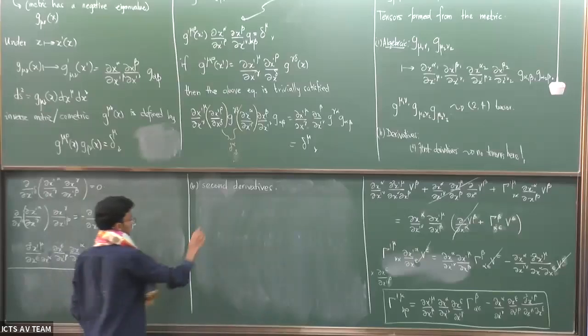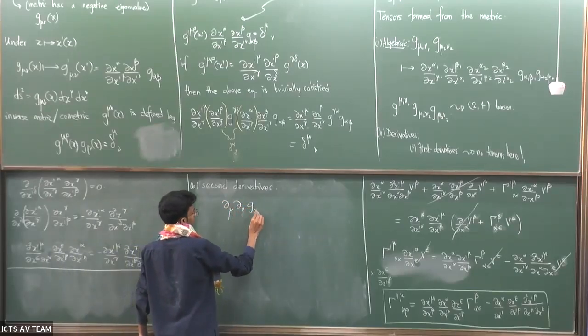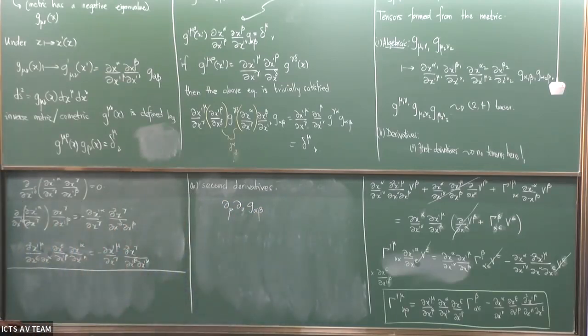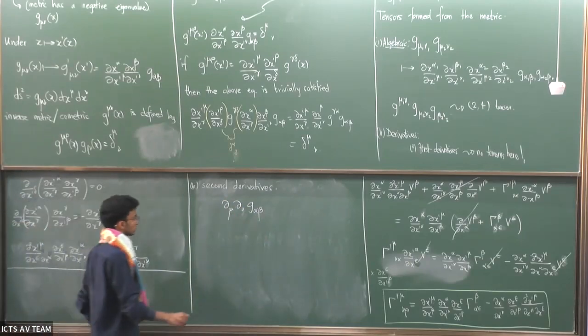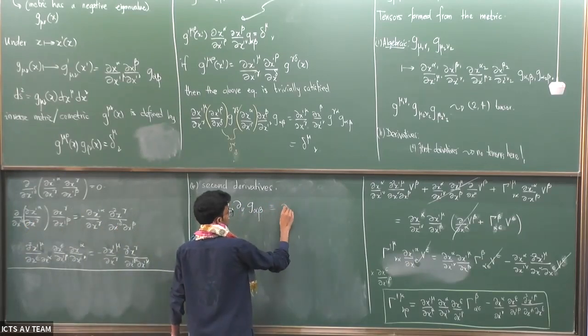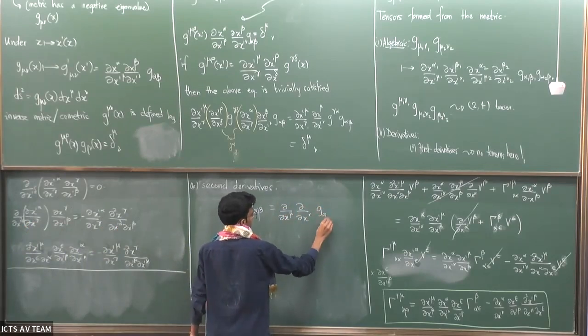So one of the exercises here was to check that this is not a tensor. It's probably already very obvious to you guys. But let's just check it. How does this transform? So this is what? This is just del x mu, del x nu, g alpha beta.